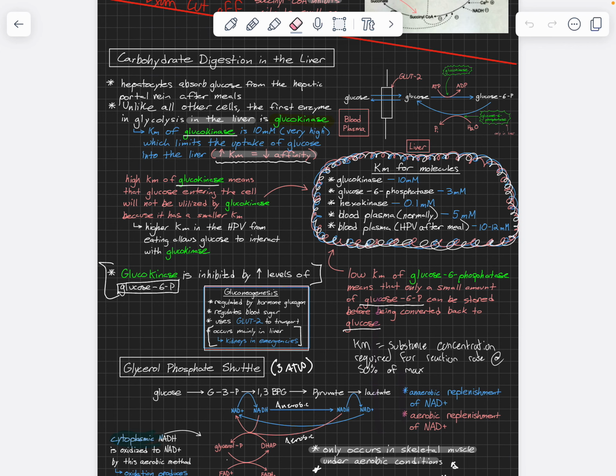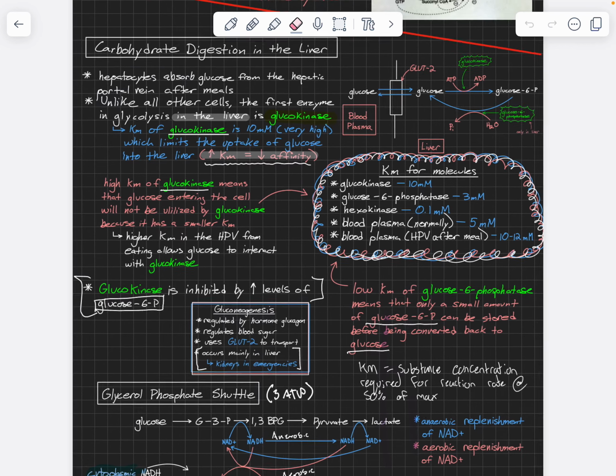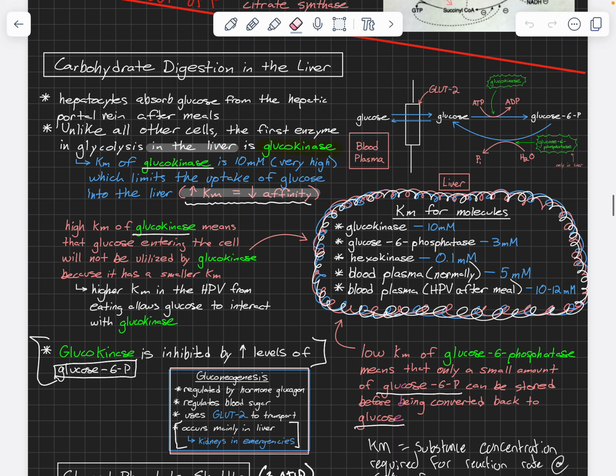So starting off here, we're talking about carbohydrate digestion in the liver. And if we remember, the liver has some cool functions when it involves glucose. We can go through gluconeogenesis, and we can also go down the pathway of breaking down glucose as well.